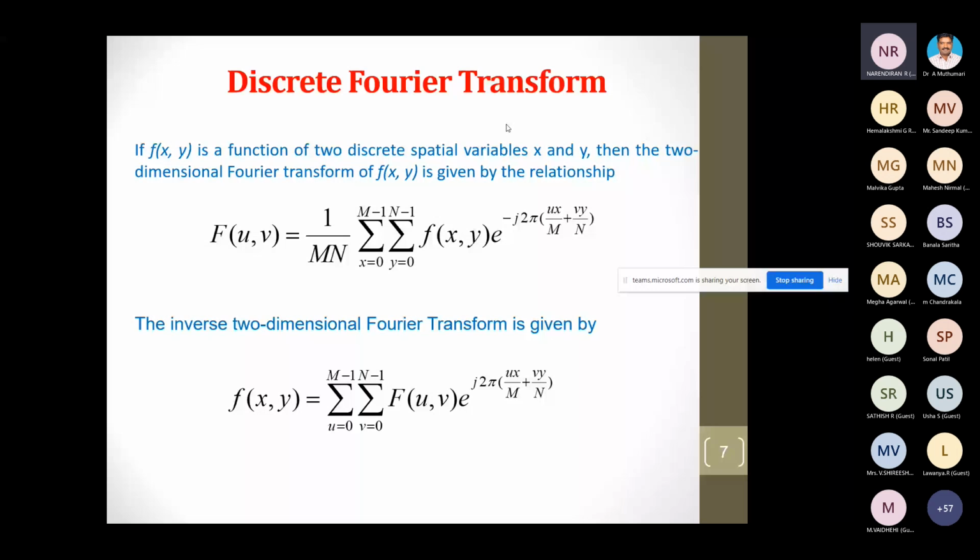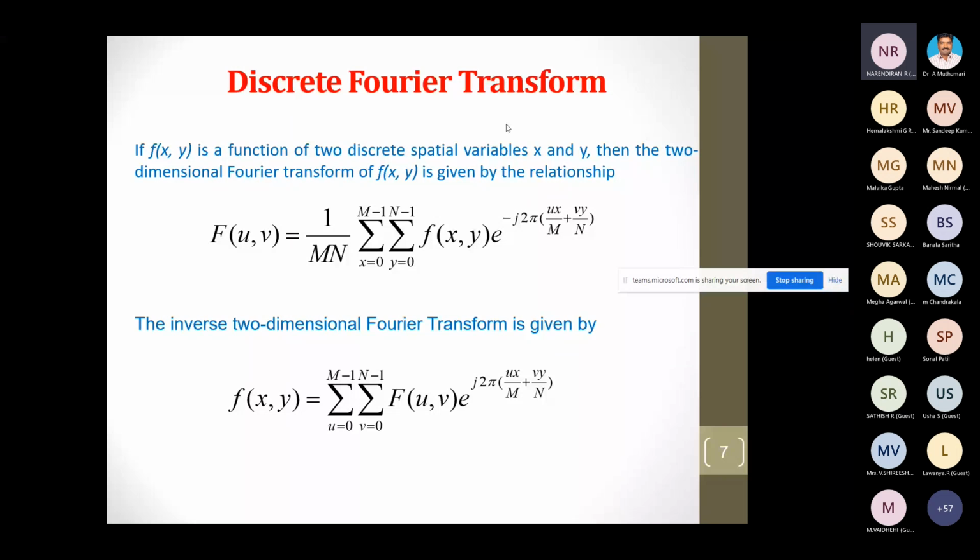Like that we compute every value in the new domain. What is the domain actually? We are converting the intensity domain to the frequency domain. The image is represented in the intensity domain, and that is being converted into the frequency domain. That is what we are doing here.